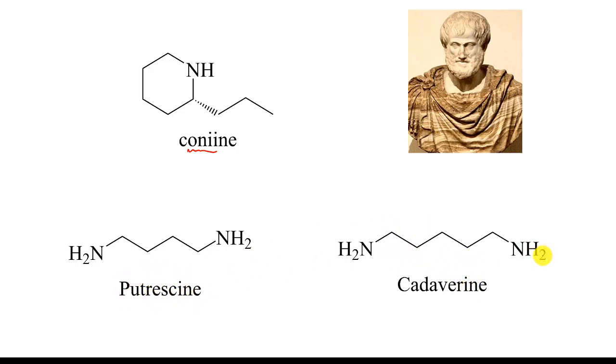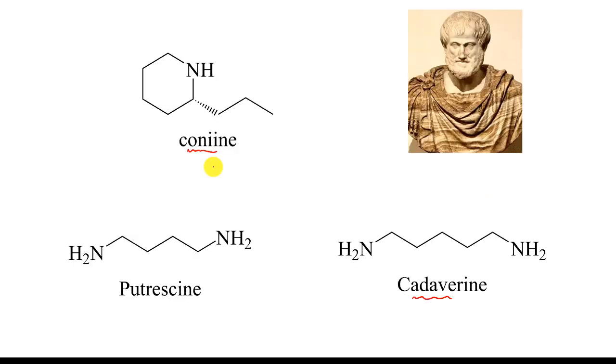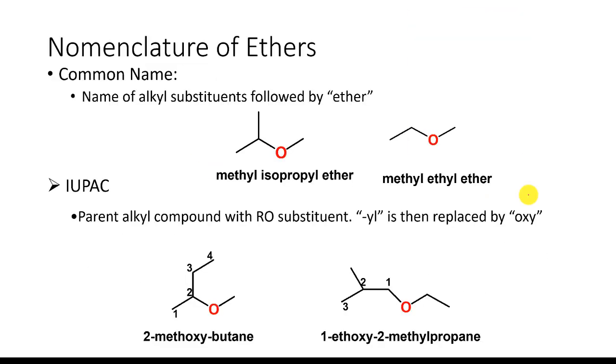And then you can imagine what cadaverine smells like, because cadaver is the word we use for dead bodies, so it is quite awful. Anyways, that's all we have for amines, and now we'll move on into ethers.